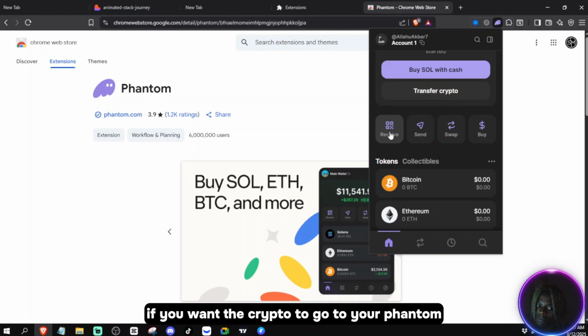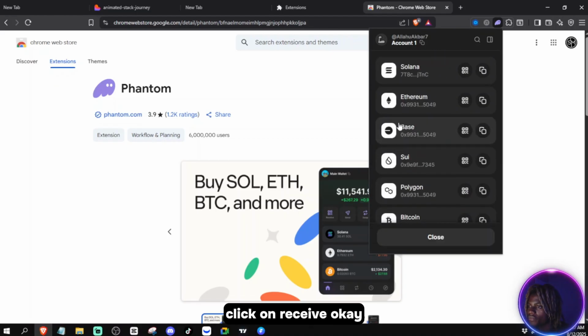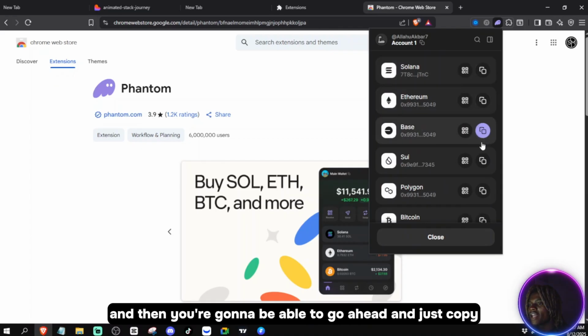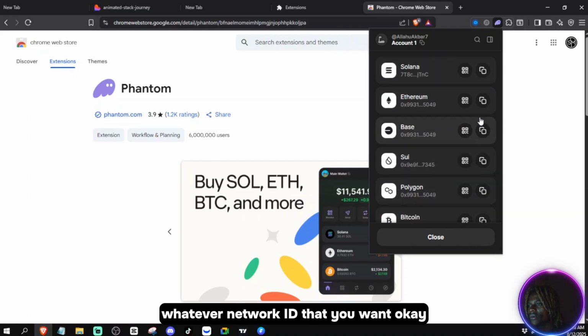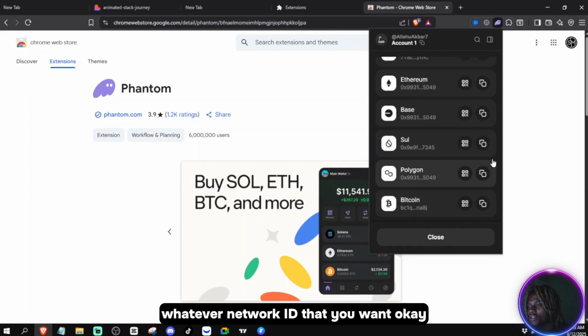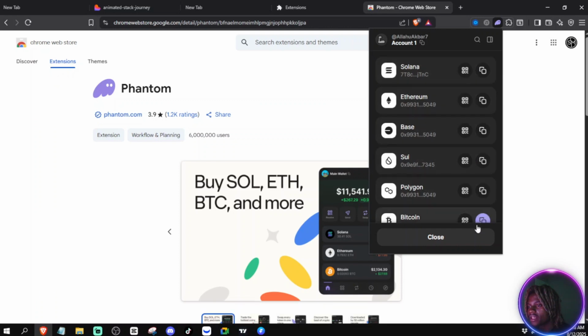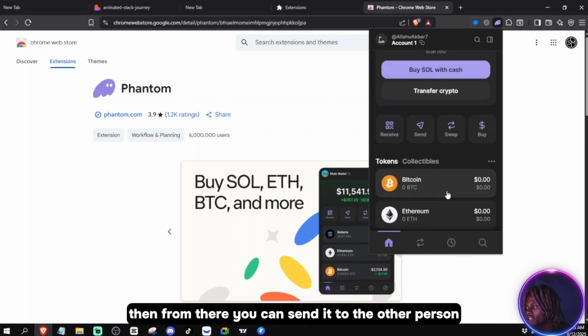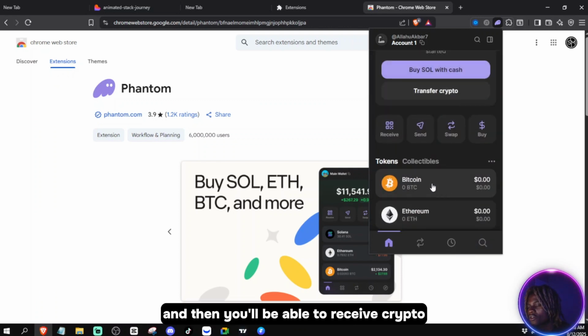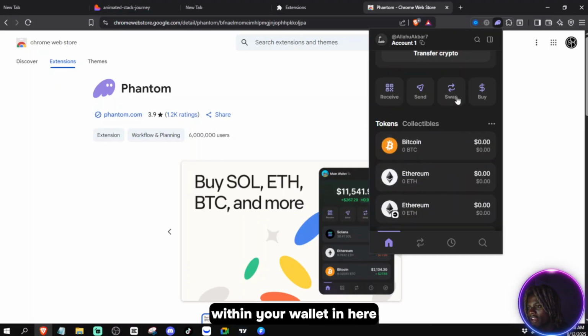If you want the crypto to go to your Phantom, say you're trying to get paid for work or something, you charge somebody with a crypto invoice, click on receive. Then you're going to be able to copy whatever network address you want. From there, you can send it to the other person or send it to yourself, and then you'll be able to receive crypto within your wallet in here.